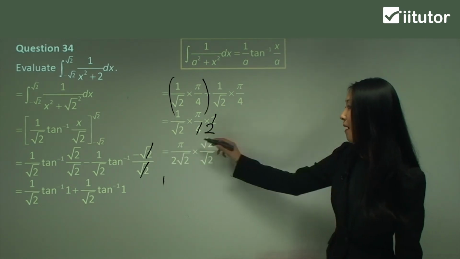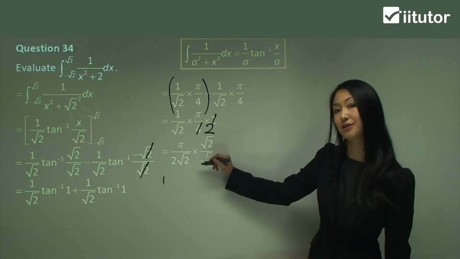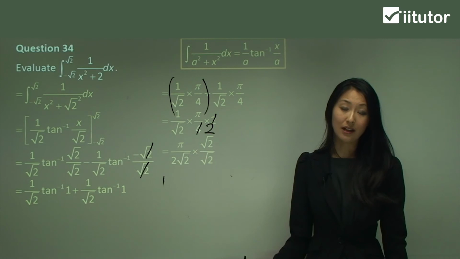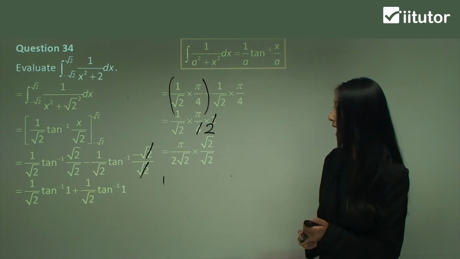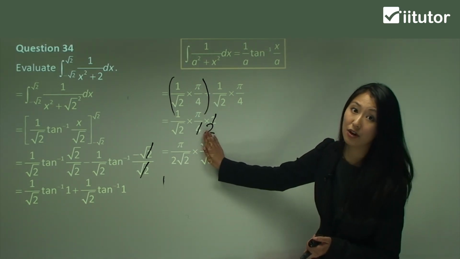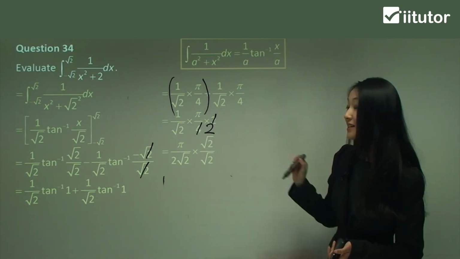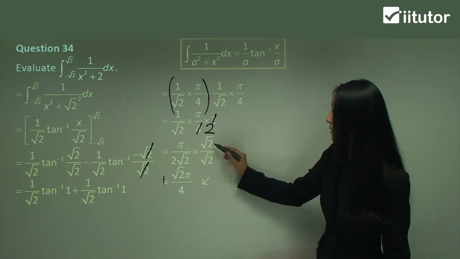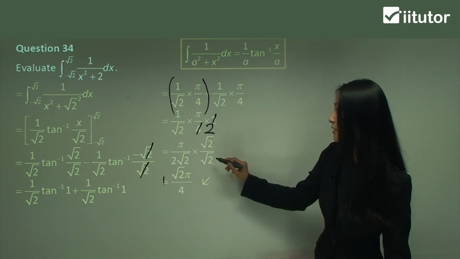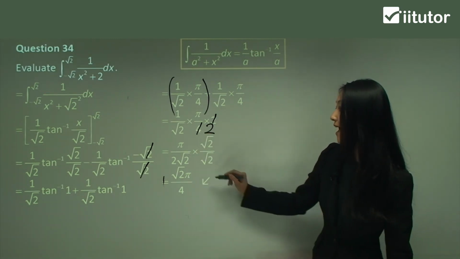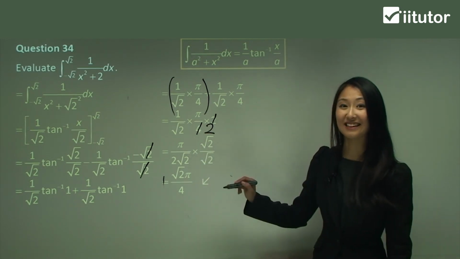So I get pi on 2 square root 2. Now I'm going to rationalize this, but it is okay to leave your answer as just that and not rationalize it. Multiplying by square root 2 on square root 2 gives me square root 2 pi, and 2 times 2 is 4, and this is my rationalized answer here.